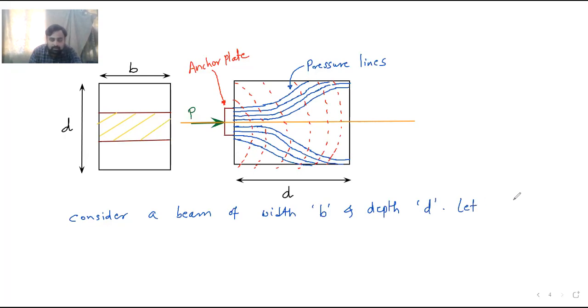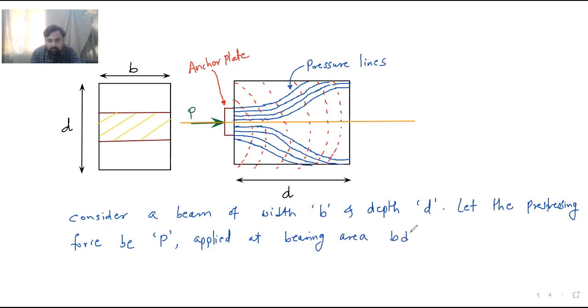Let the pre-stressing force be P applied at bearing area B D dash.